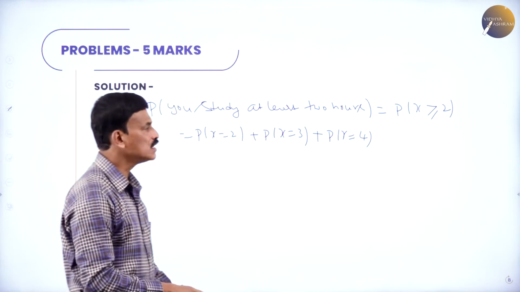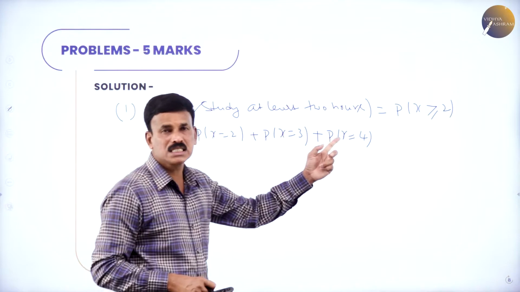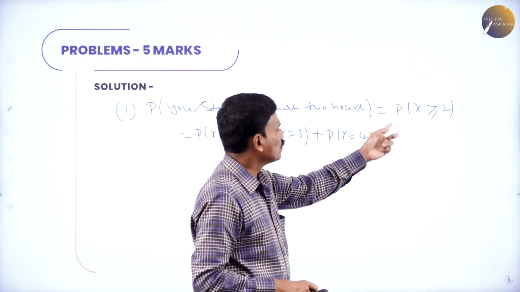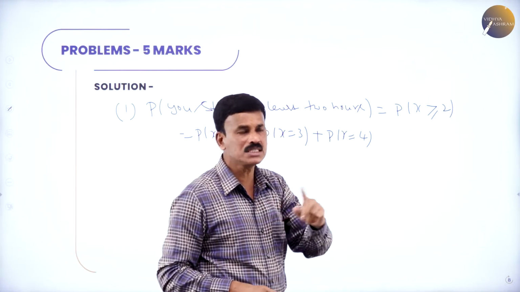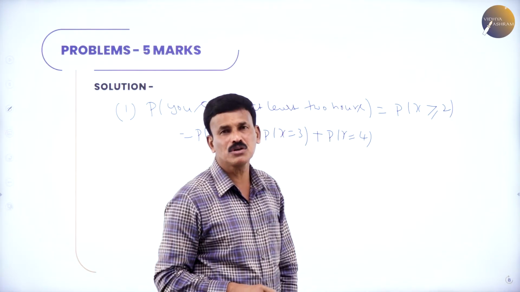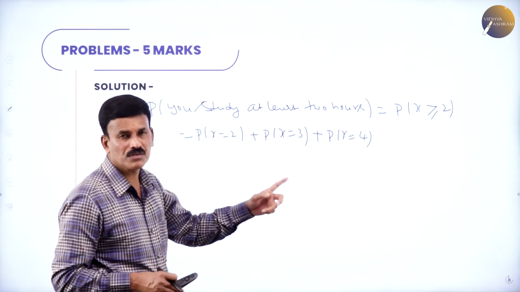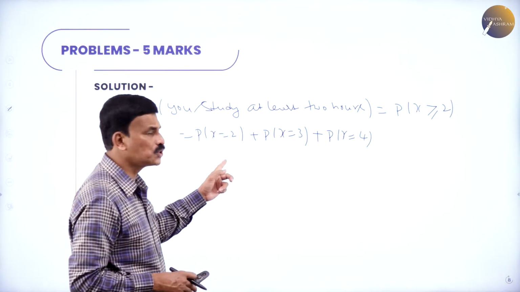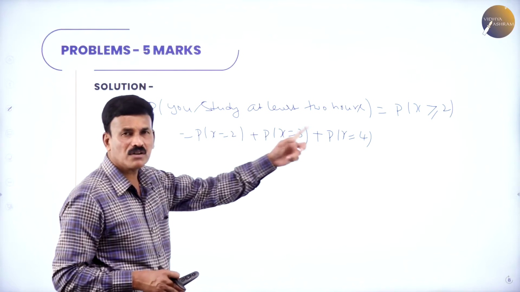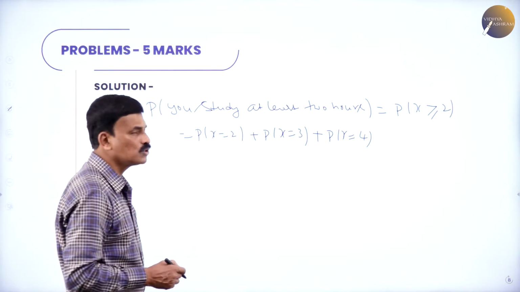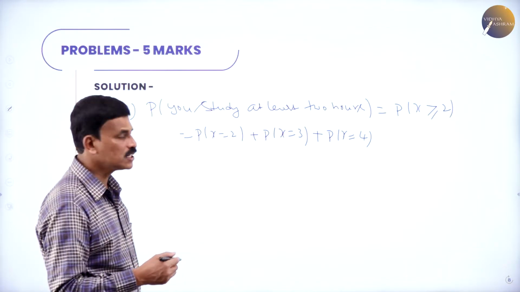At least 2 hours means at least minimum 2 hours, so x is equal to 2 or more than 2: 2 hours or 3 hours or 4 hours. Now, substitute these values from the table.